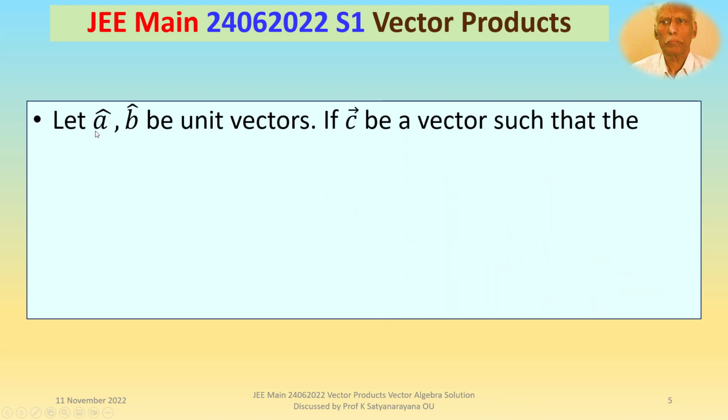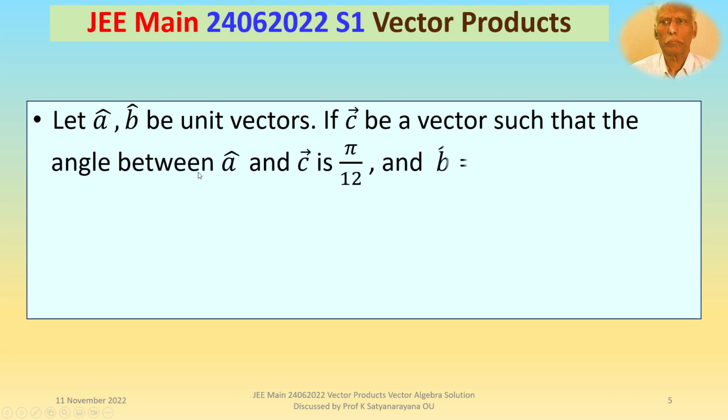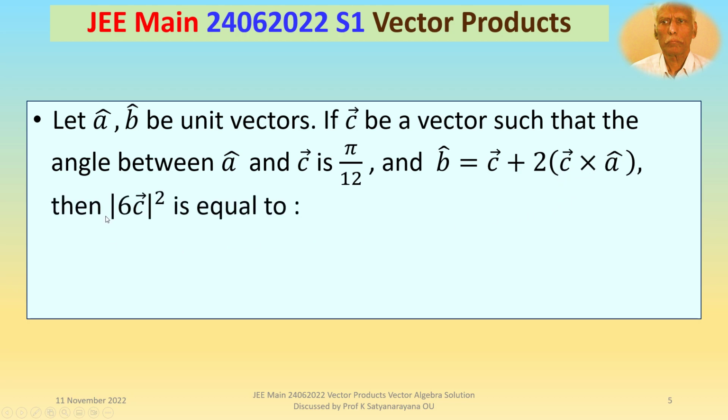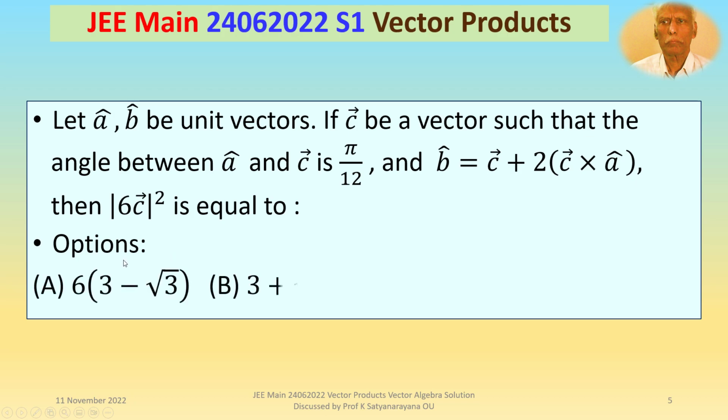let A, B be unit vectors. If C is a vector such that the angle between vector A and vector C is pi by 12, and vector B is equal to vector C plus 2 times vector C cross vector A, then mod of 6C square is equal to, we are given 4 options.